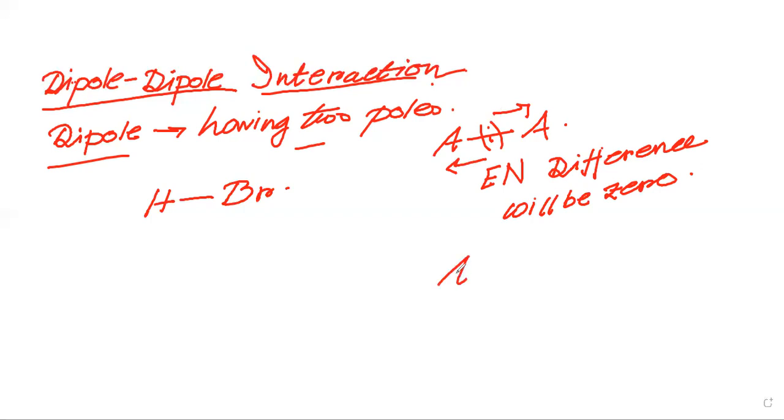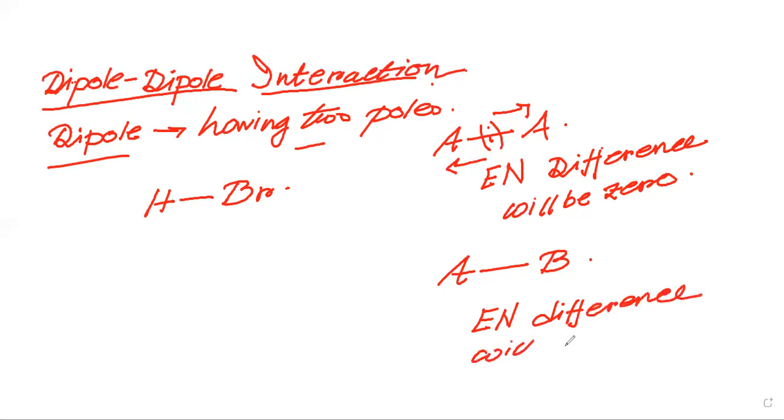But if this is a system AB, then an electronegativity difference will occur. And what will happen if there is an electronegativity difference?